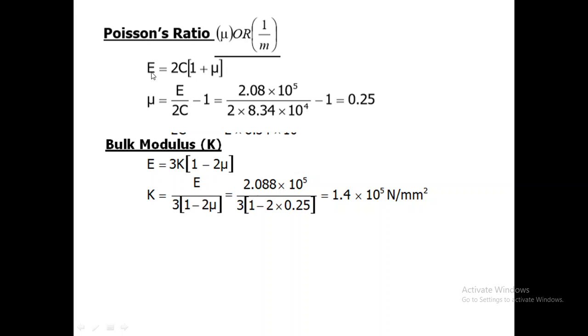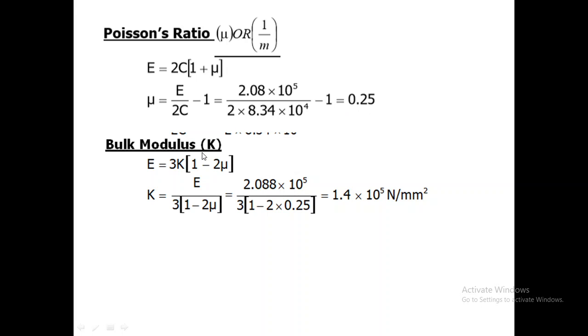Young's modulus is related to rigidity modulus by this equation, which is derived in the first module. Young's modulus is known, rigidity modulus is known, and the units are the same. So if you use that, you get the Poisson's ratio, which is unitless, 0.25.